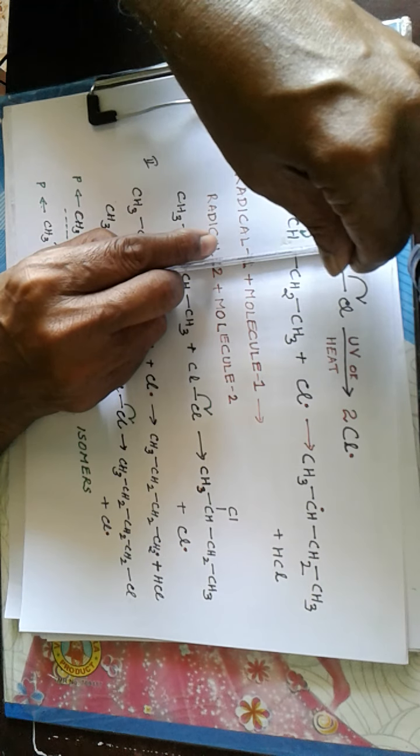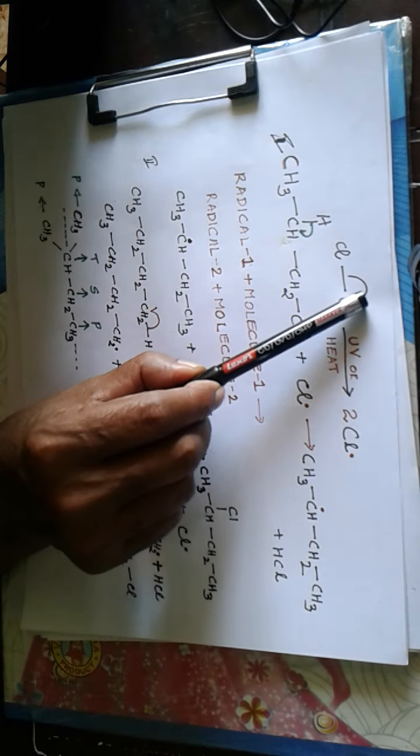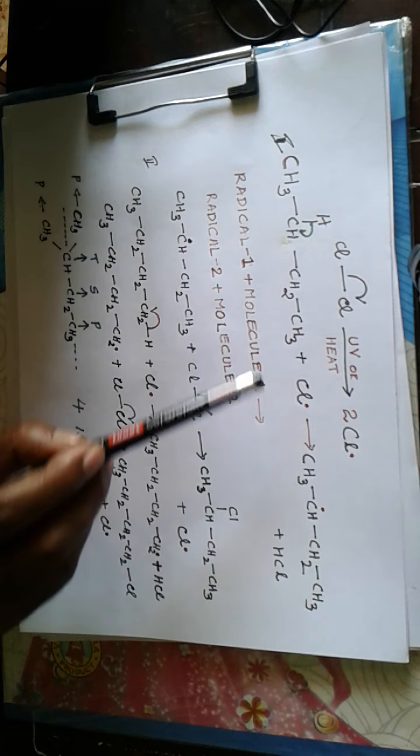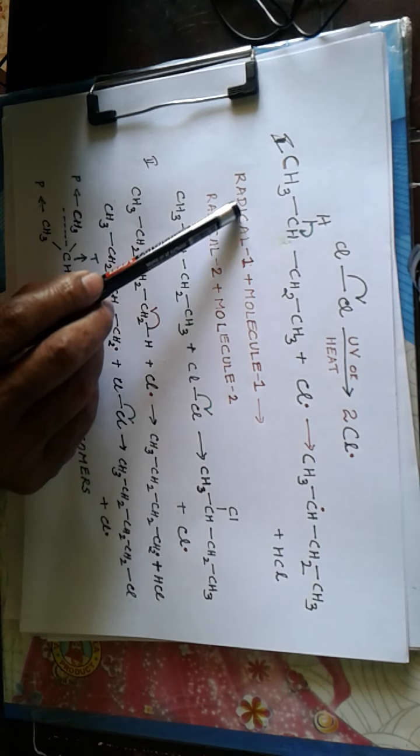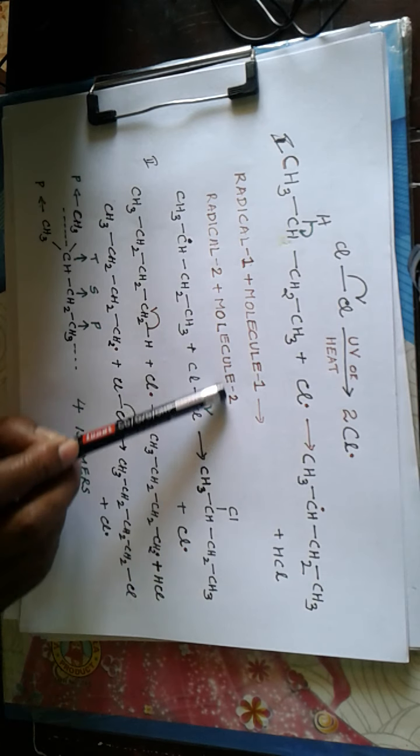Now, in presence of ultraviolet light during chlorination, chlorine molecule undergoes a homolytic cleavage, and we get two chlorine free radicals. Now there is an equation, a radical 1 plus molecule 1 giving radical 2 and molecule 2.